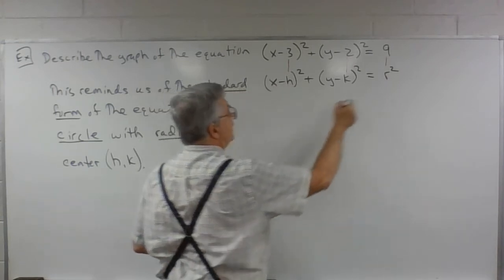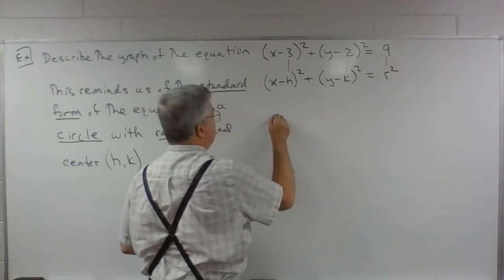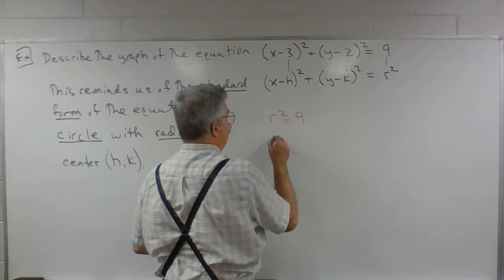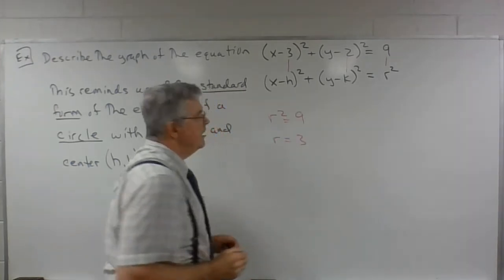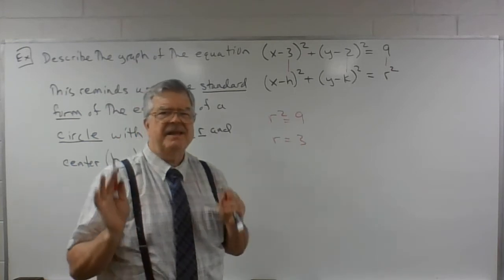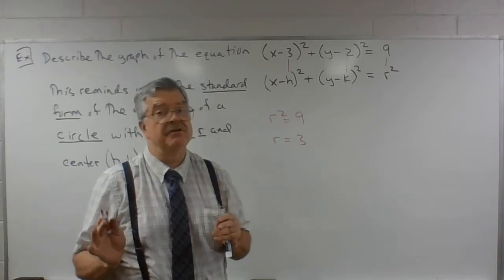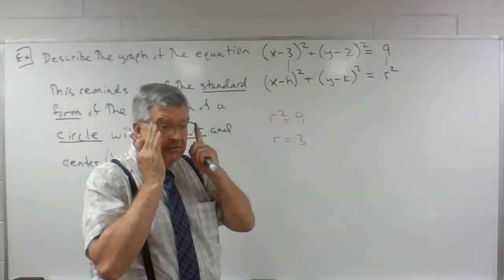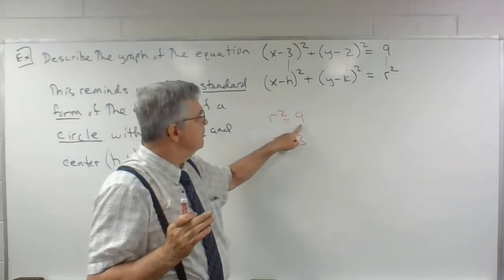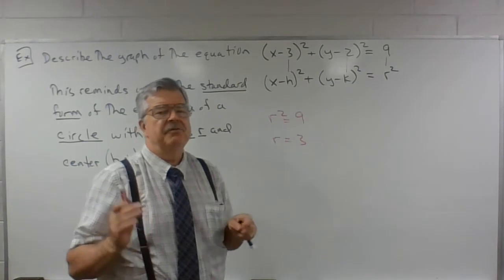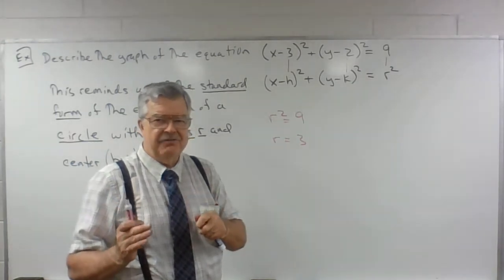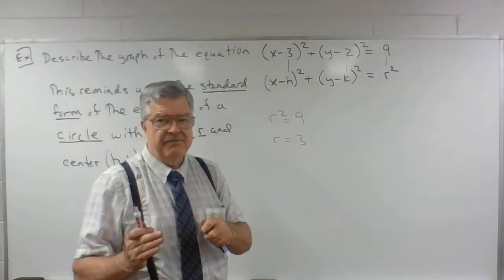So it looks like r² is 9, and that means that r equals 3. By the way, r can't be negative since r is a distance. So when we compute the square root of both sides, we don't get plus or minus 3 because we can't get a circle with a radius of negative 3.